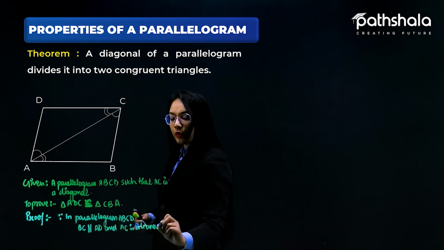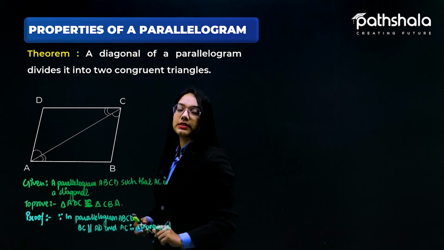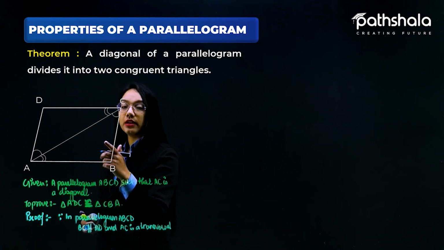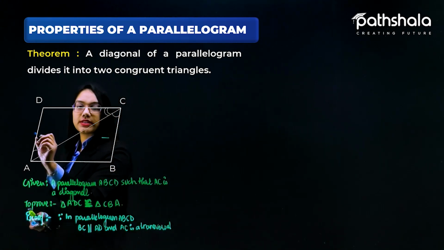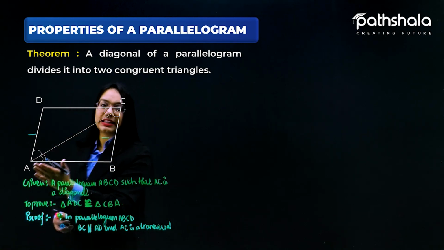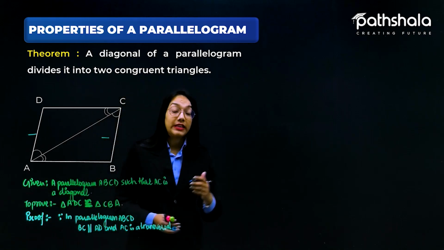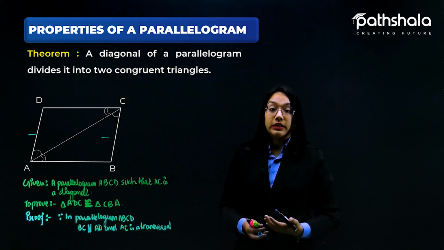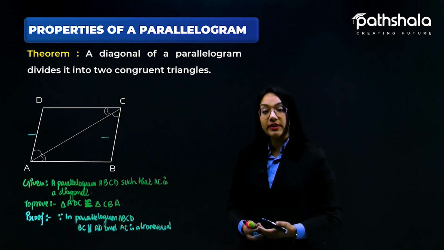We know that the sides of the parallelogram are parallel, meaning this side is parallel to this side. So if this side is parallel to this side, then AC is a transversal. If AC is a transversal, what can we say about the different angles here?